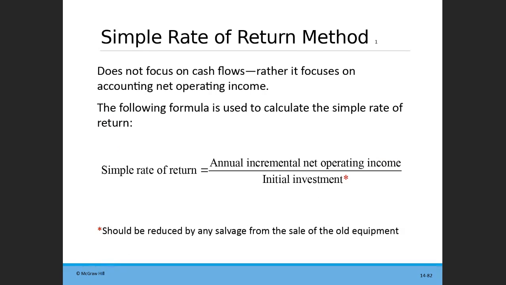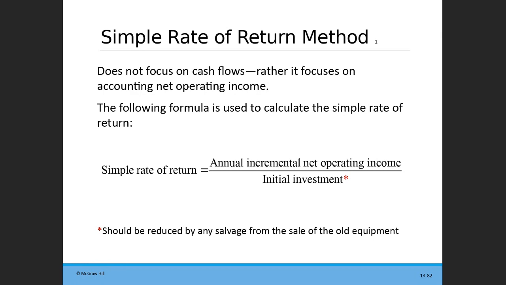And finally, let's compute the simple rate of return for an investment. So not looking at cash flows, but rather net operating income. It's just like what we've already talked about for rates of return. When we were talking about rates of return in chapter 16, when we did the performance measures, we were basically talking about operating income.